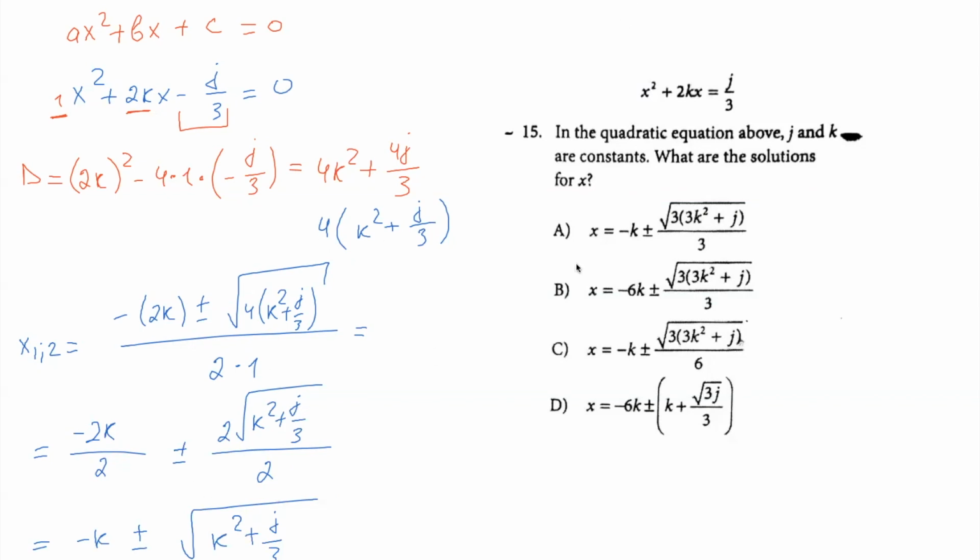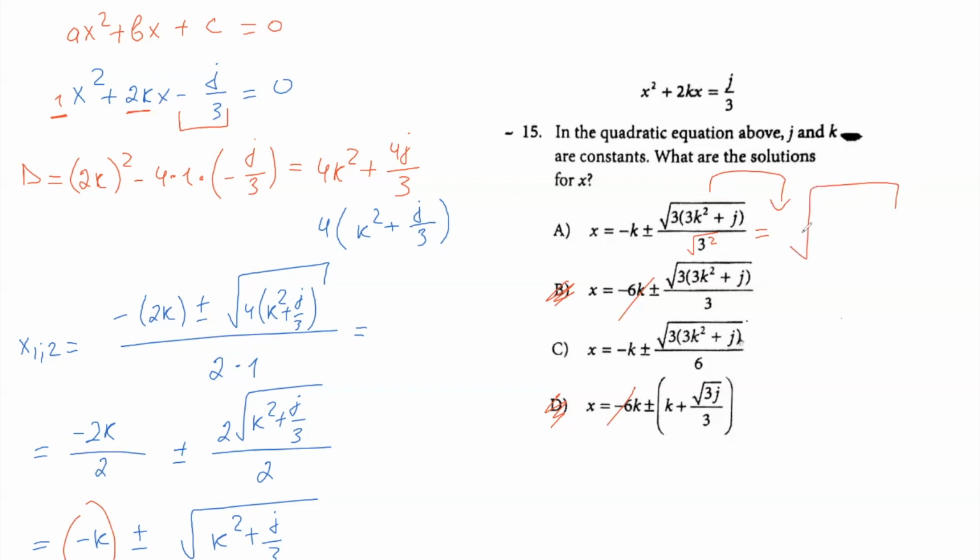As you see, we don't have such kind of answers. We have to simplify the answers. At least we see that here we have minus k, not minus 6k. The answer is either A or C. Let's simplify one of them. Minus k is here, but we need to simplify this part. Can I write it like square root of 3 squared? Specifically this part will be like this.